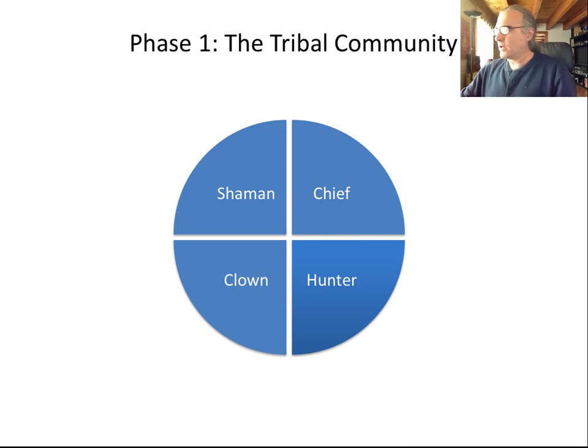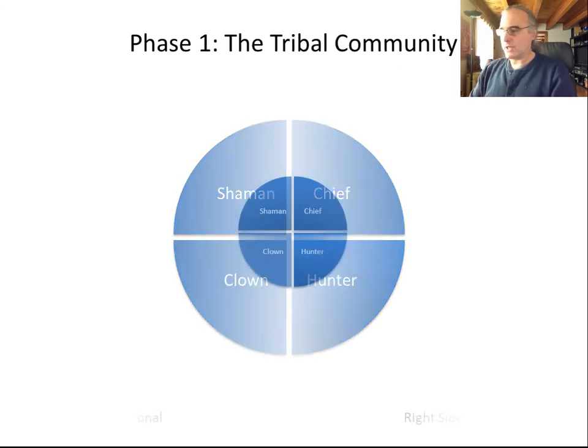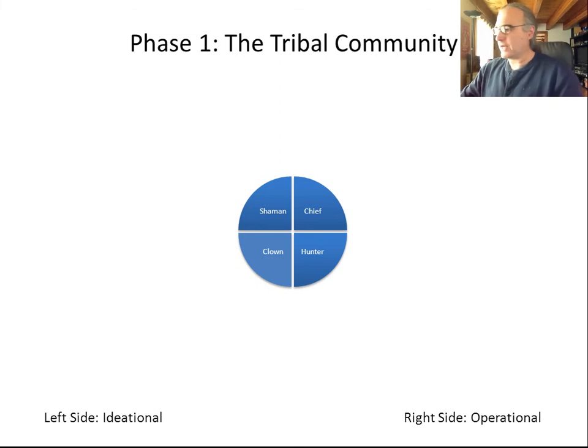Okay, so I'm going to shrink down now the tribal community circle so I can fit more things into here. And incidentally, before we go on to that, I just want to point out what you can see on the left and right hand bottom sides, that I have just added these labels. Left side is ideational, right side is operational.